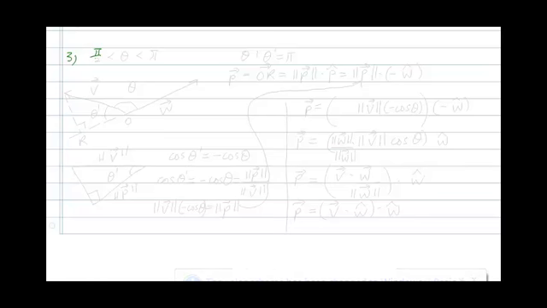The third case is when theta is an obtuse angle, or theta is between pi over 2 and pi, excluding the endpoints. We draw a sketch again.